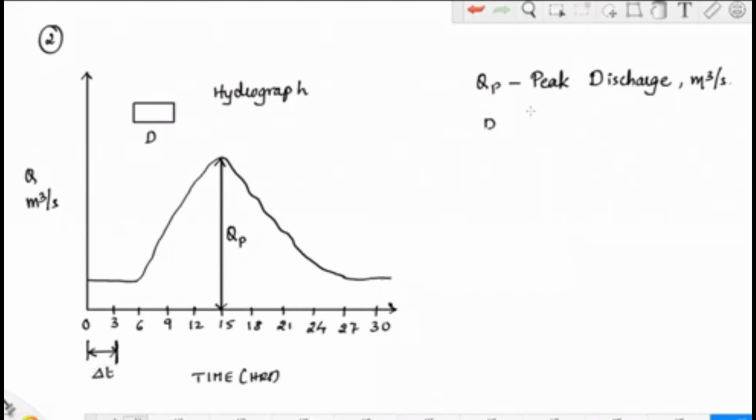D is representing duration. It will be in terms of hours generally. Delta t is the time interval between ordinates.